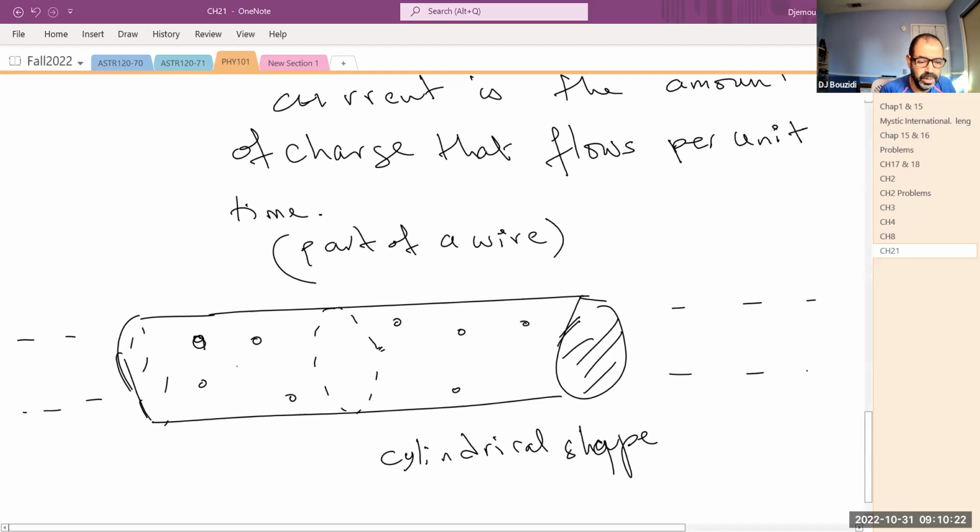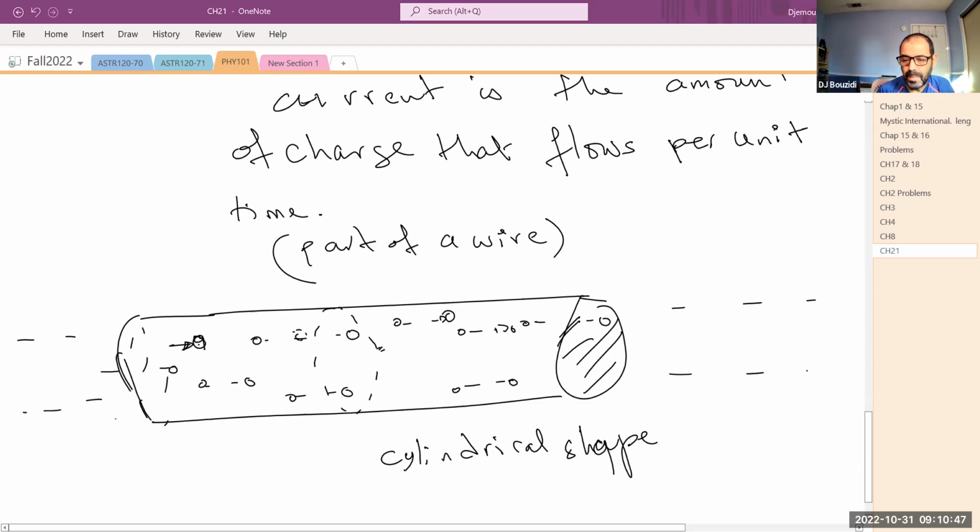But if all of a sudden the charges start to move, this charge moves from here to this point, this one moves to this point, and so on, this one gets out completely, and another one jumps in from outside.